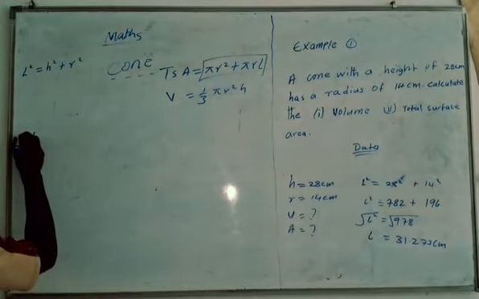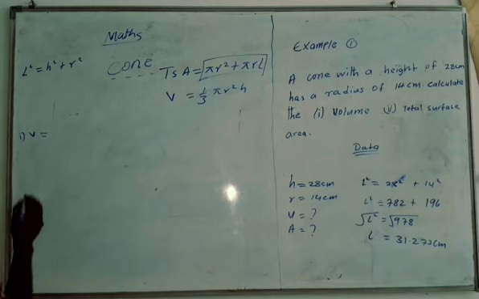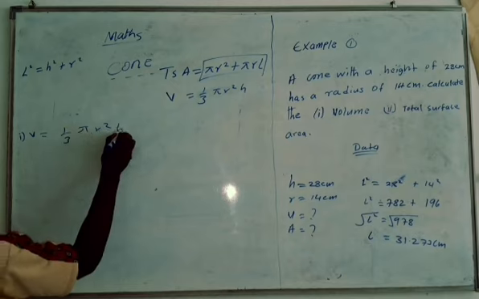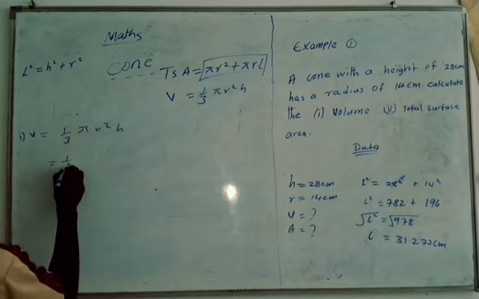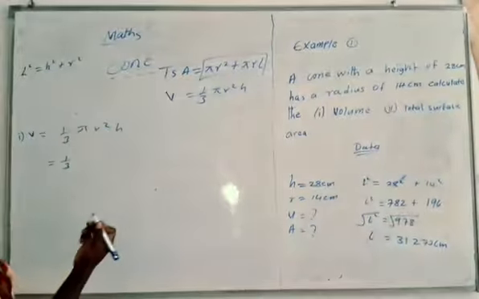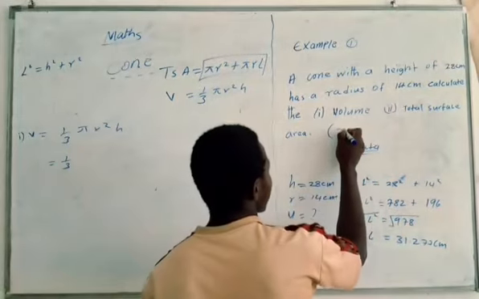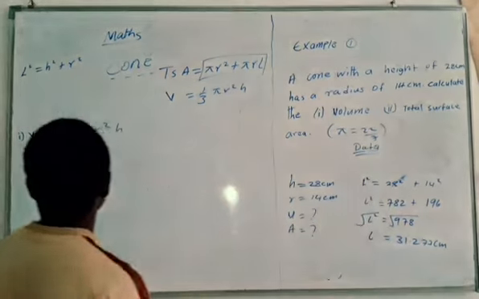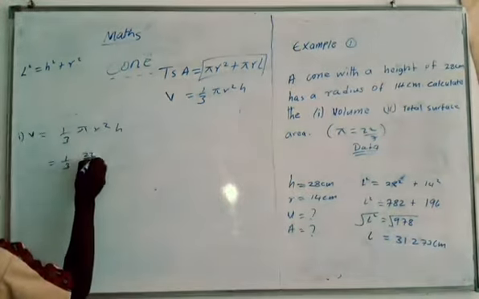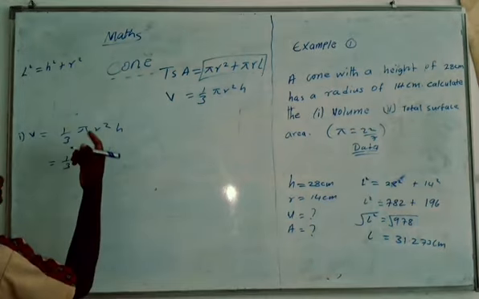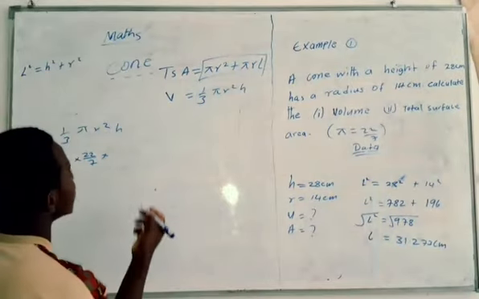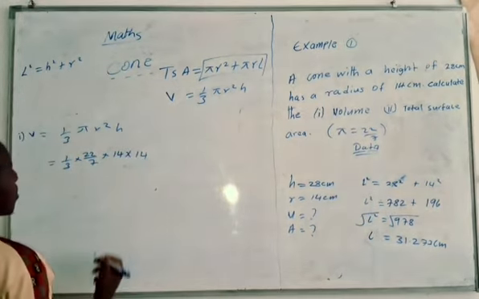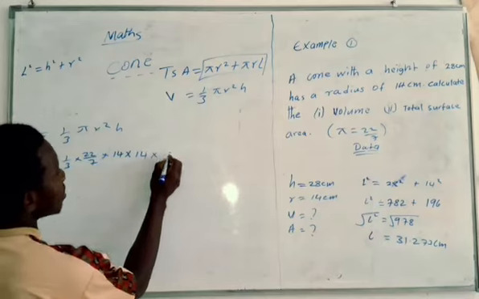So the volume, which is Roman 1, is equal to one third pi r square h. We can just put in the values. Pi is not given here, but let me give it to you. Pi is 22/7. So that is 22/7 times the radius, which is given as 14, times 14, times the height, which is 28.